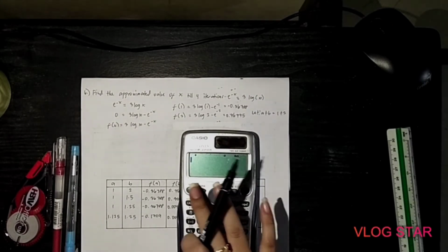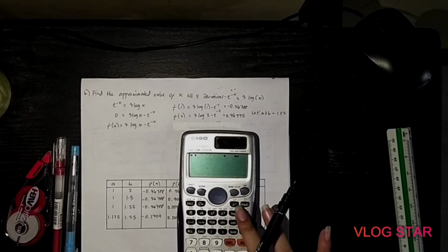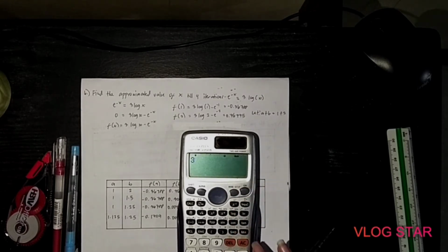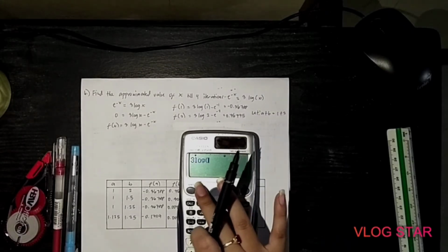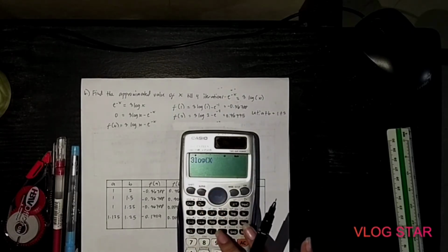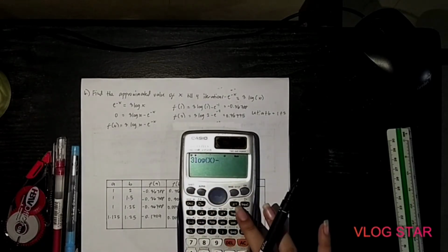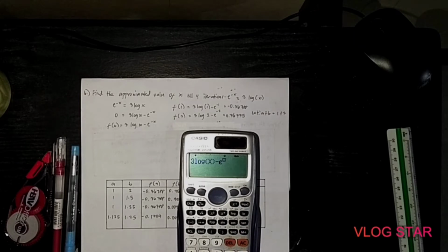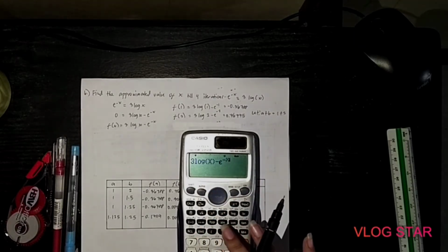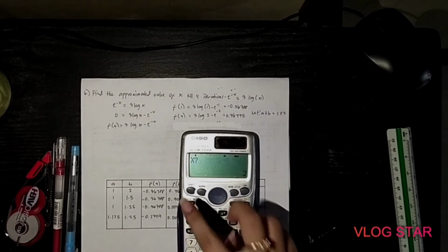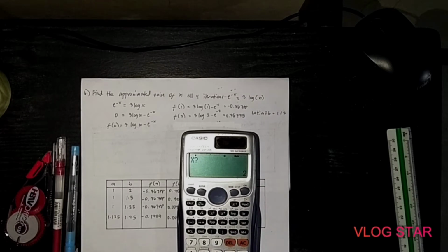Alpha shift e, 3 log alpha x, minus shift e negative alpha x, and calc, and x will be 1.